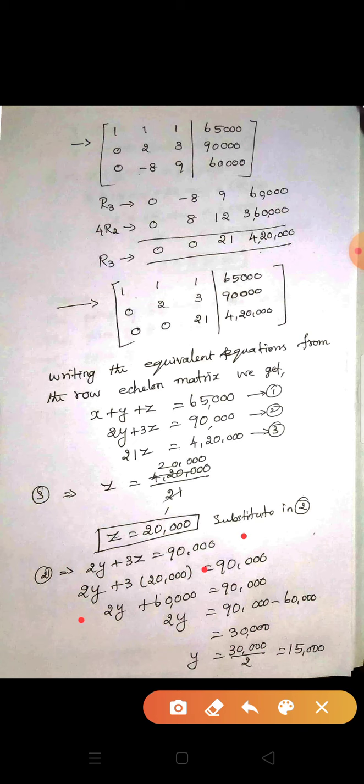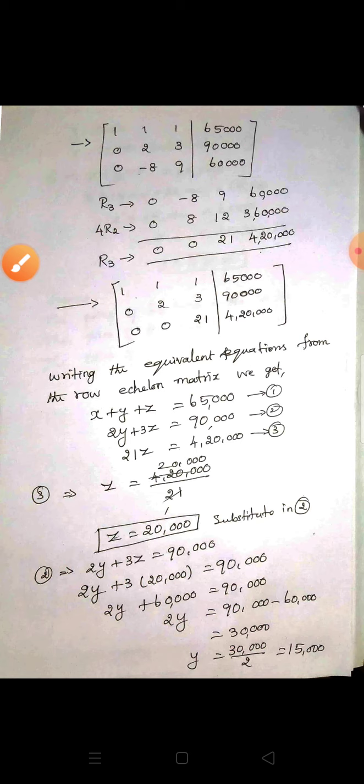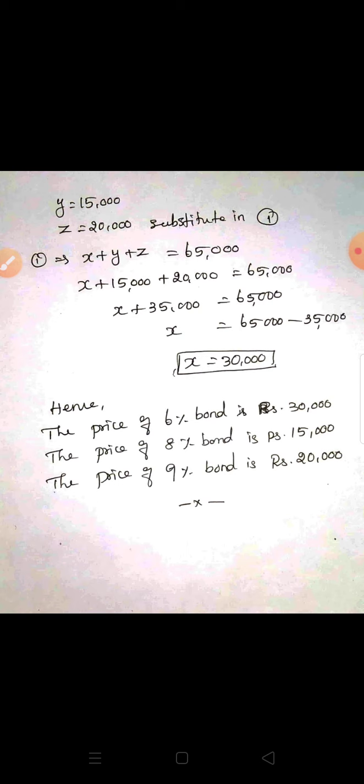Then 3 into 20,000 is 60,000. This goes to the right hand side as minus 60,000. After subtracting we get 30,000. Then 2y: the y coefficient 2 goes to the right hand side, divide, so y is equal to 15,000. We found z equal to 20,000, y equal to 15,000.